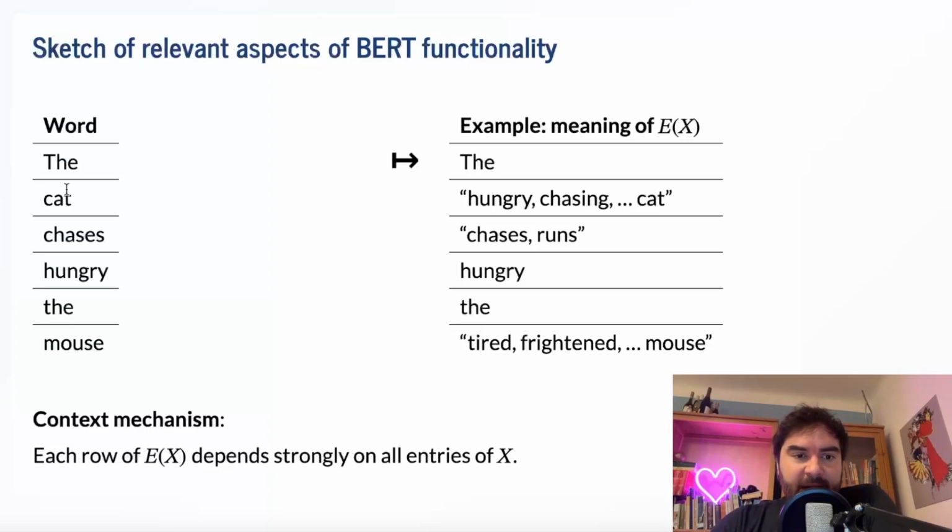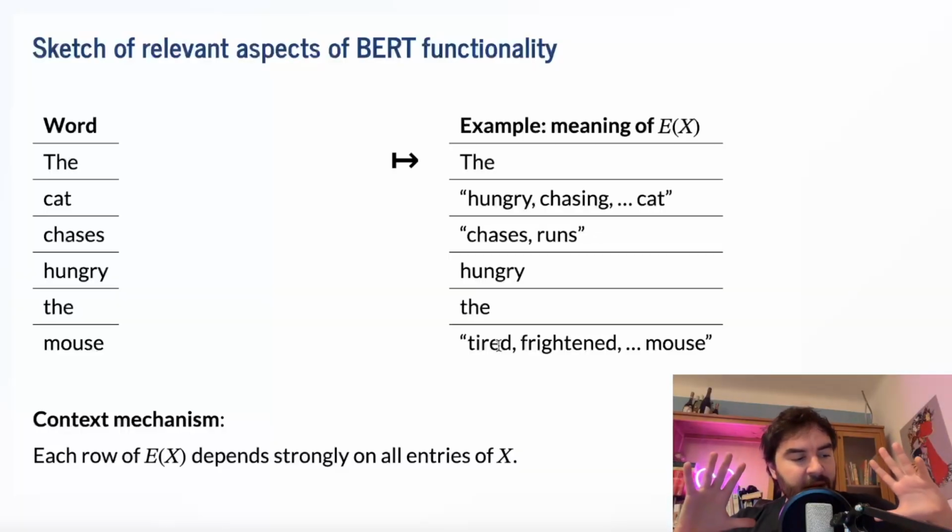So I say the cat chases hungry the mouse, and we know that chasing has to do with running, and the mouse is the one who is fleeing here. So there are directions in the vector space, like being frightened, associations like this, which are also baked into the output vector.